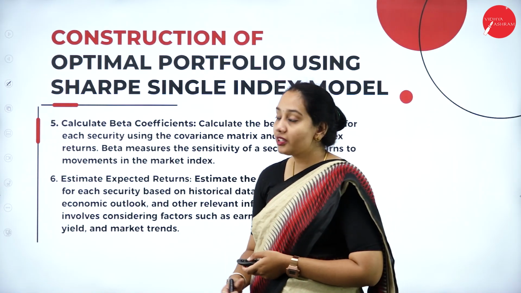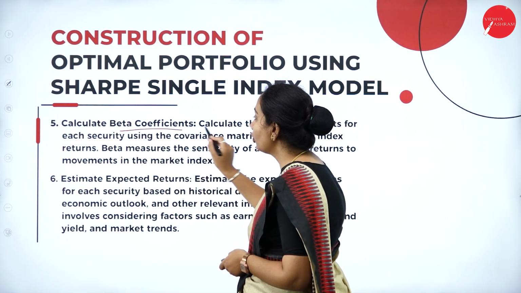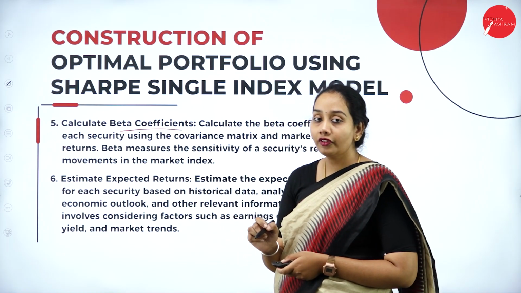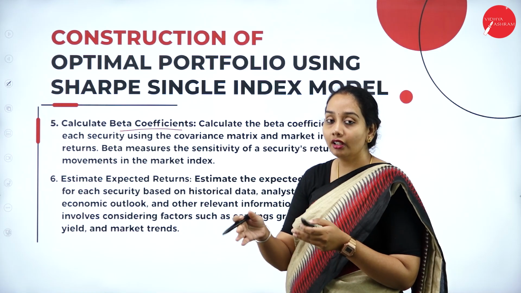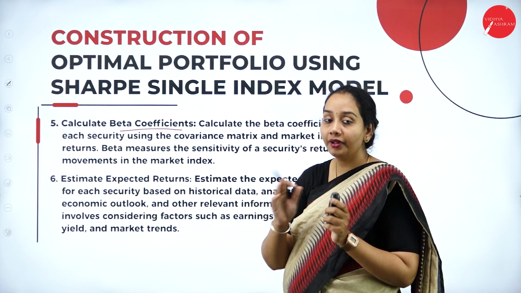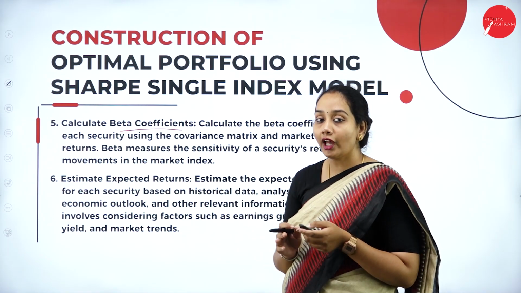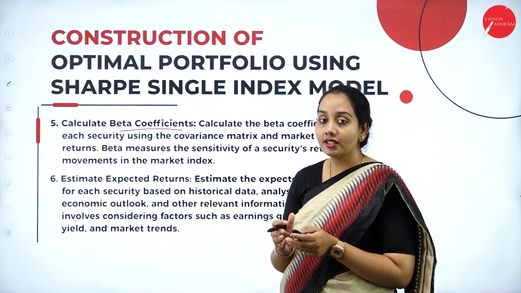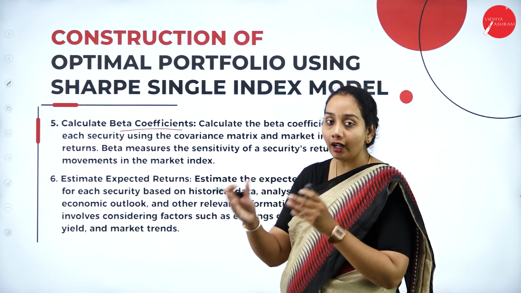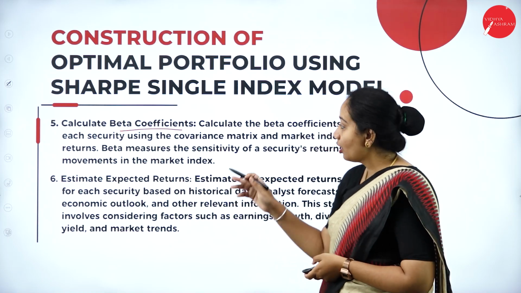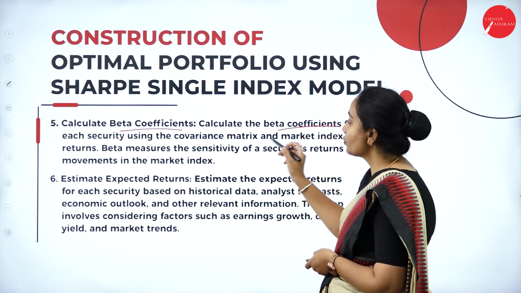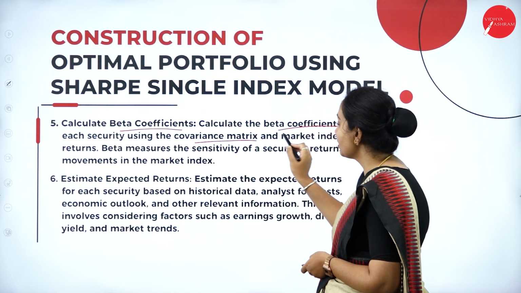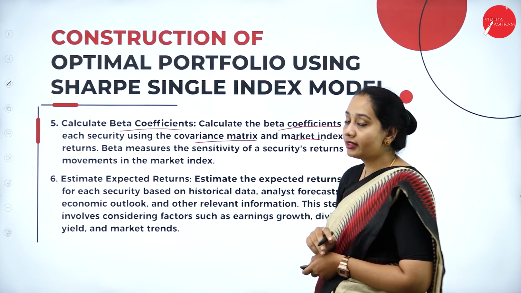So that is the fourth step, calculating your risk and return analysis on the stocks or securities. So fifth step is what? Calculating the beta coefficient, like we have done in the previous sessions, that is unit 3, risks and returns. So calculation of alpha and beta coefficients. Calculate beta for each security using the covariance matrix and market index returns.